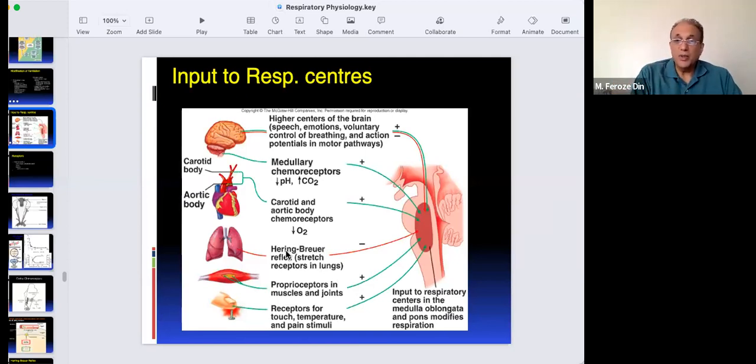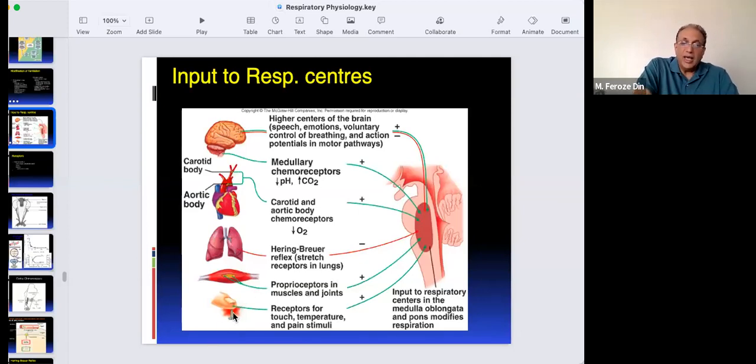And that is one of the primary reflexes that allows the inspiratory potentials to get cut off. In addition, we also have proprioceptors in muscles and joints, so that when someone is, for example, beginning to run, just the first few fast steps that you take for running, immediately the respiratory center is informed that the demand for oxygen may rise, so that immediately our breathing rate rises.